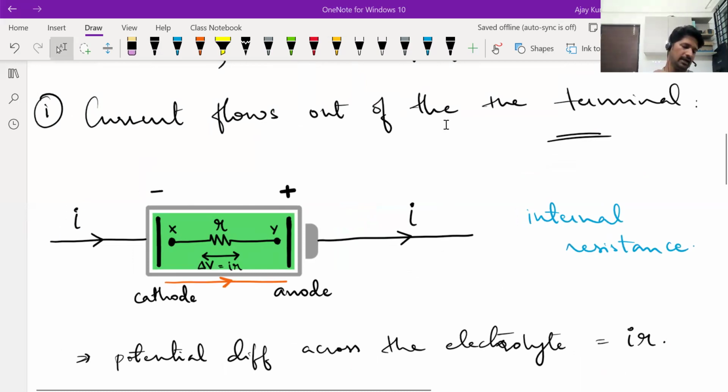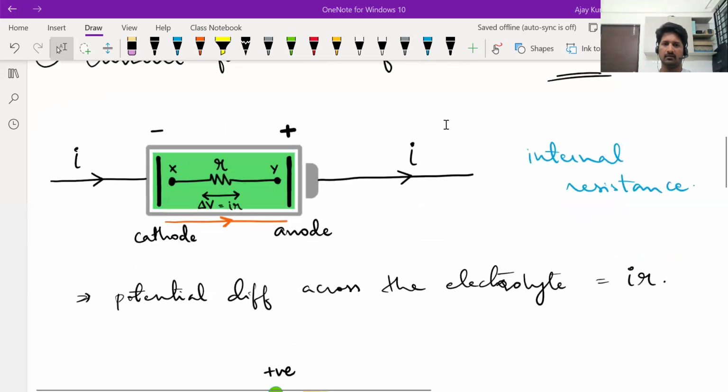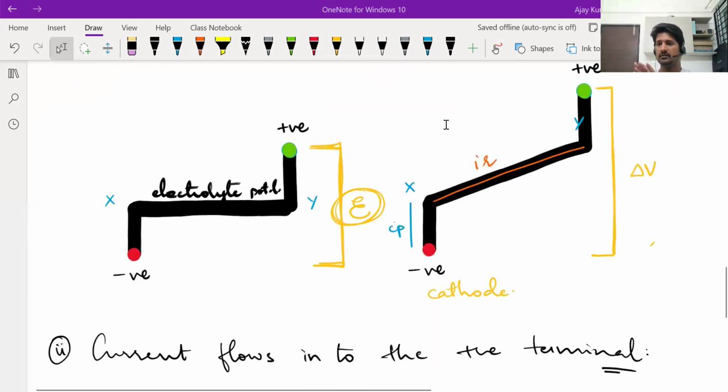And if current flows in the reverse direction, into the positive terminal of the battery, then the actual voltage across the battery, the terminal voltage, will be more than the EMF of the cell. To find out how much more or less, you need to know how much current flows through it and its internal resistance.